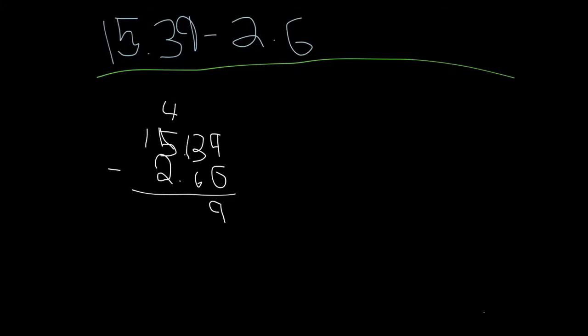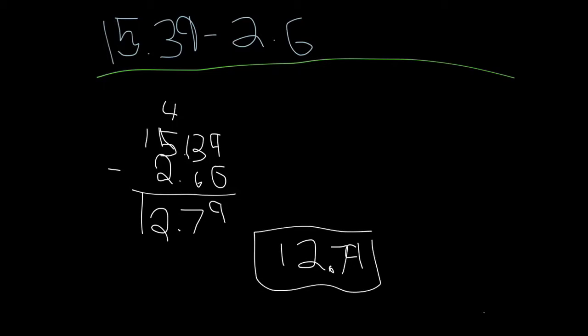And so now you have 13 minus 6 is equal to 7. Carry down the decimal. 4 minus 2 is equal to 2. And you have that 1 left over. Which leaves you with the spot of 12 and 79 hundredths. And that is how you subtract decimals.